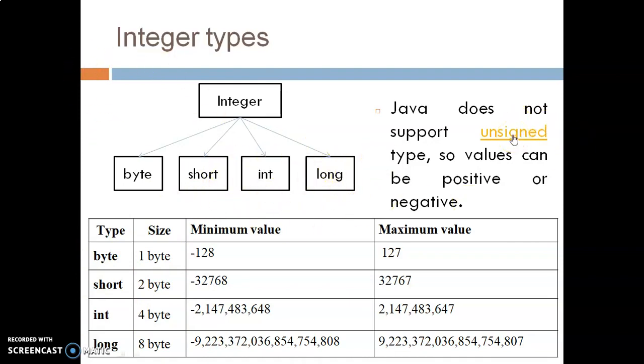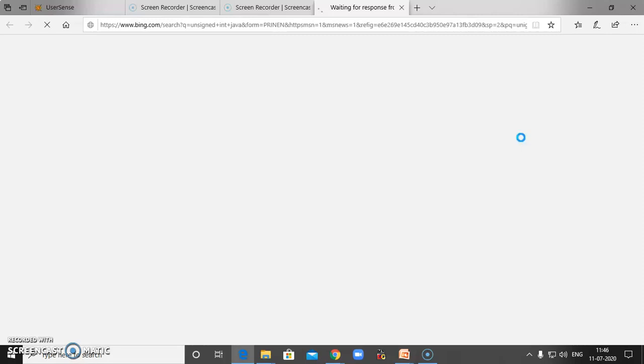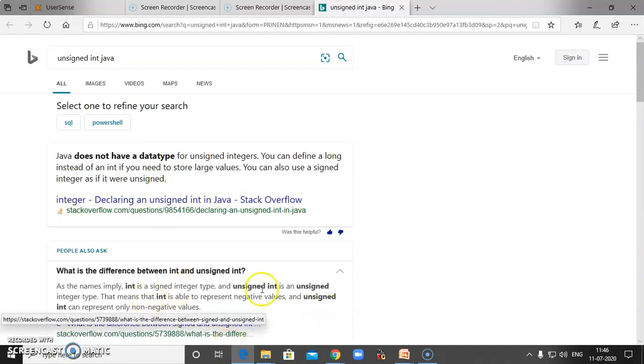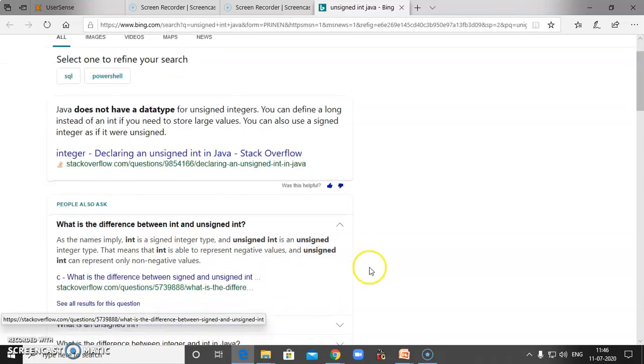Now what is unsigned? Java does not support unsigned types, so values can be positive or negative. Let me click here for the difference between integer and unsigned integer. Here is the definition: as the name implies, integer is a signed integer type and unsigned integer is an unsigned integer type. It means integer is able to represent negative values, and unsigned integer can represent only non-negative values.